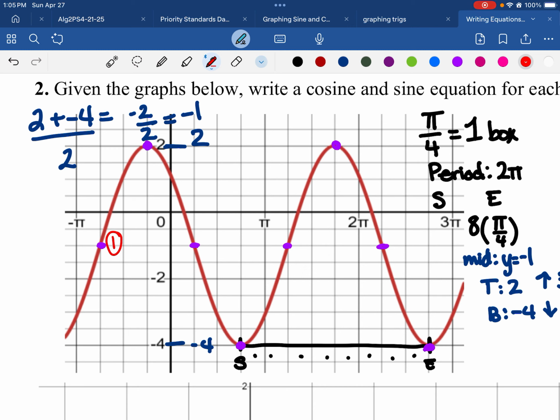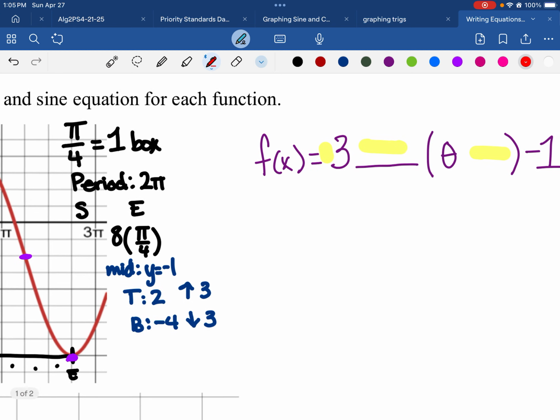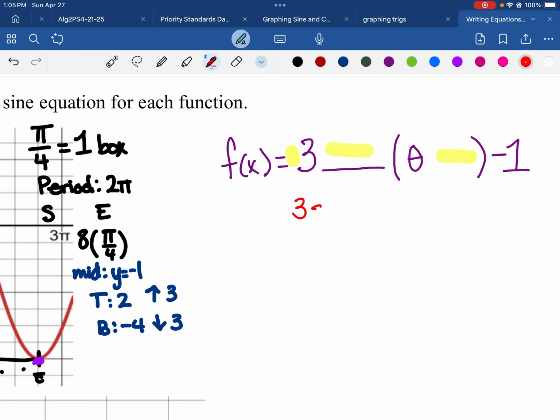Since it goes up, I would have a positive sine, and then I shifted over 1, 2, 3 boxes to the left. So at number 1, I would have 3 sine theta, shifted left, so I need a plus, 3 pi over 4, minus 1. That would be for spot number 1.